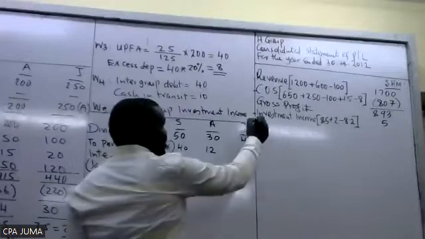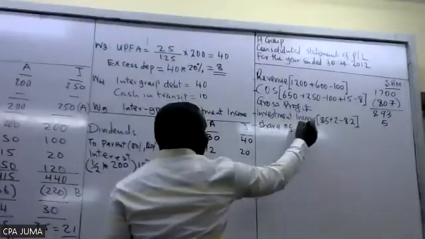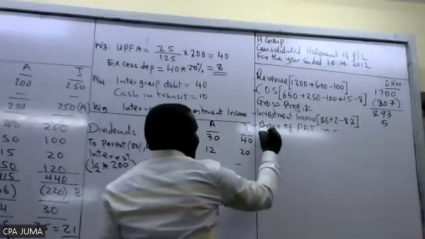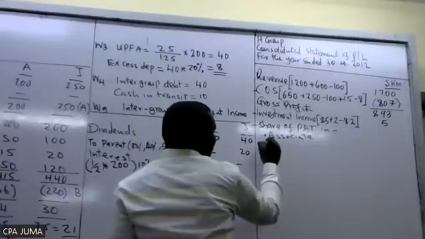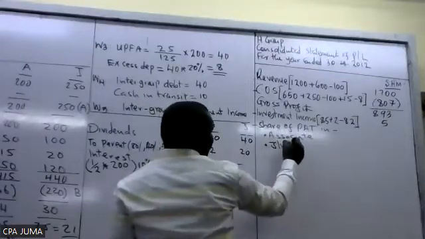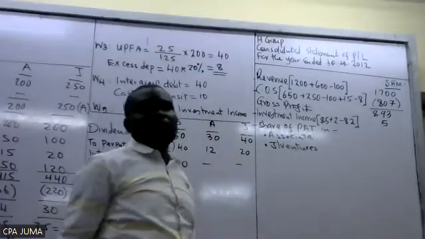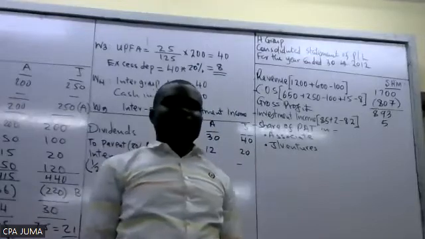So you say share of profit after tax in associates, and also in joint ventures.